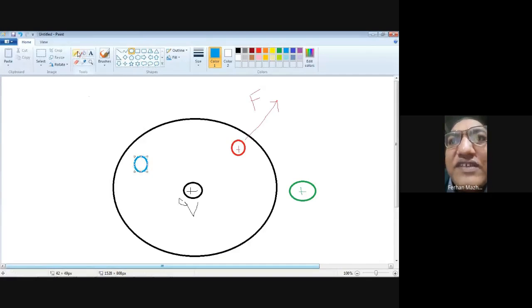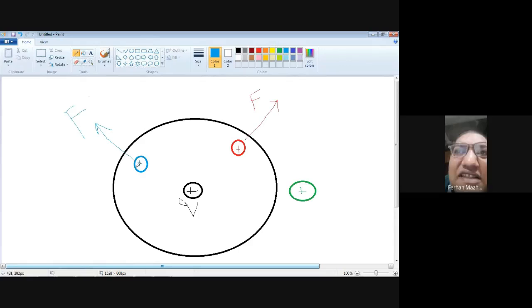It means the charge on this blue body is 1 coulomb. So now you see what will happen. It will experience a force of repulsion. This is positive, this is positive. So here it will experience a force of repulsion. So this will be the direction of the force.